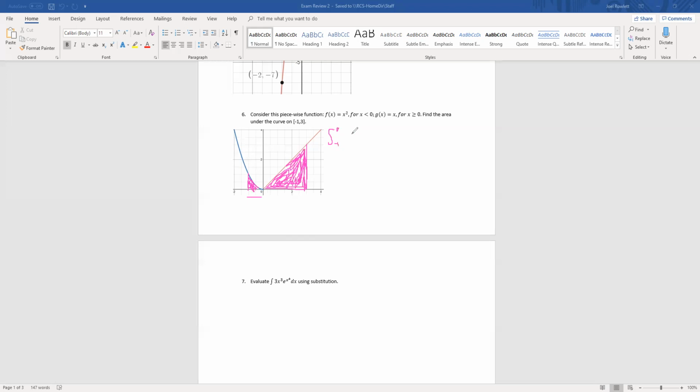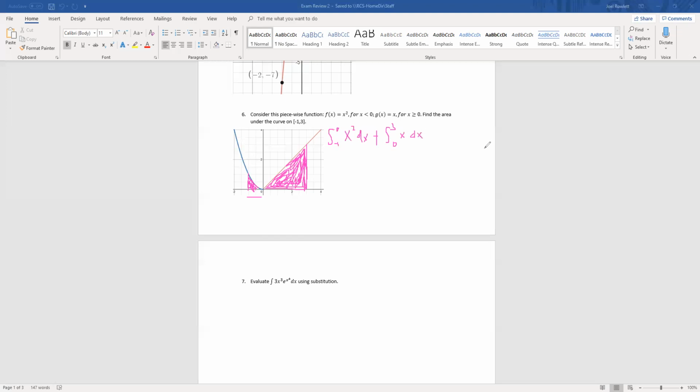So the integral from -1 to 0 for x squared with respect to x, that will give us the first piece of area. But then we would have to add to that the integral as we go from 0 to 3. And that would be for the other function, which is x. And again, this is with respect to x.